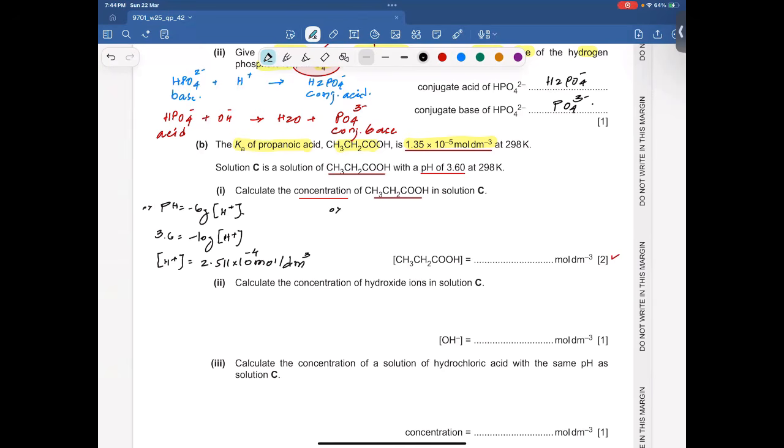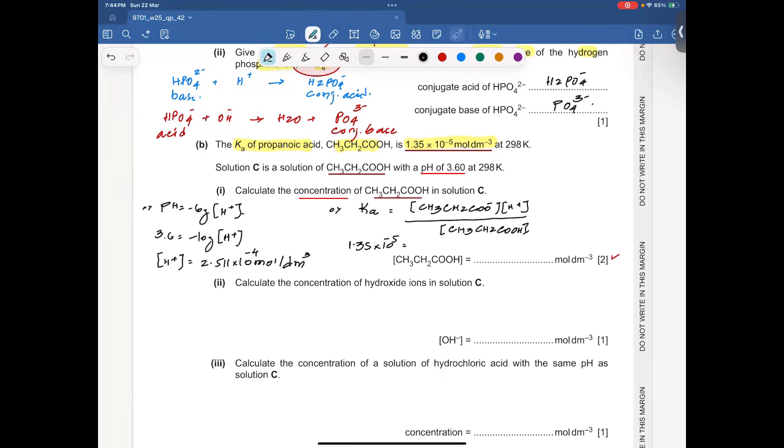Let me write down the acid dissociation expression, which is the concentration of propanoate ion times the concentration of hydrogen ion, divided by the concentration of propanoic acid. We know the value of Ka is given, which is 1.35 times 10 to the power minus 5.